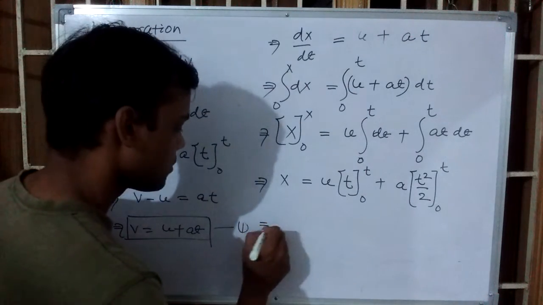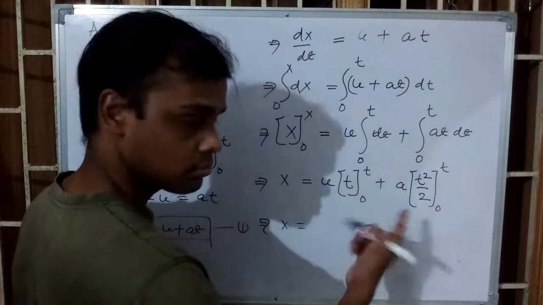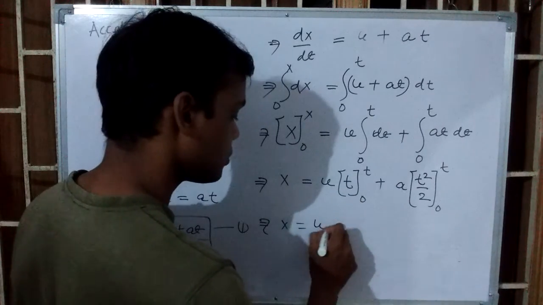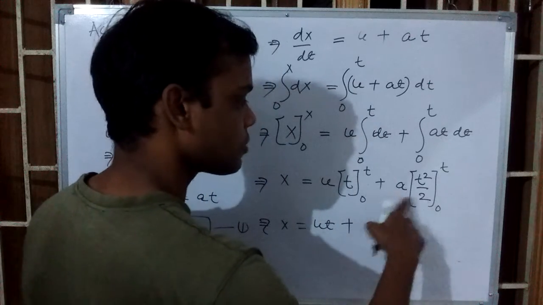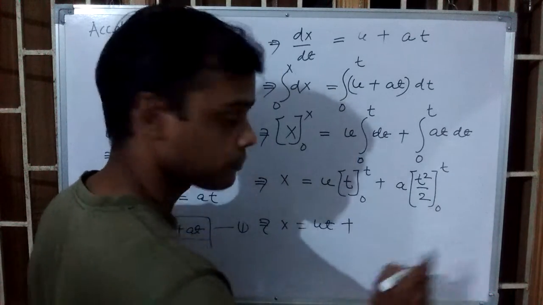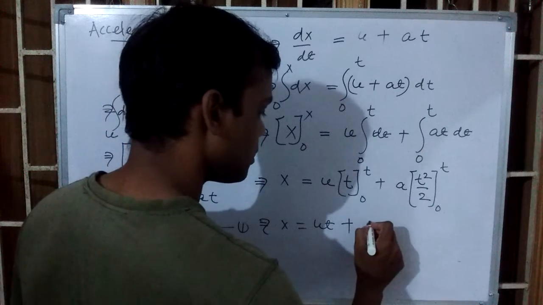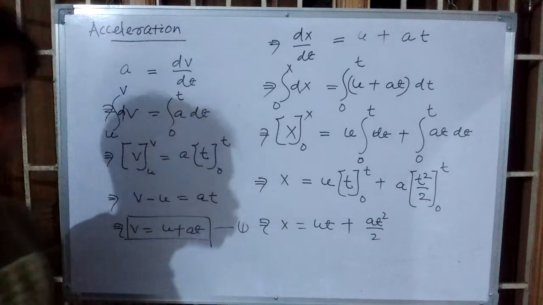This implies x is equal to ut, this is nothing but t minus 0, plus a is constant and inside the bracket it will be first t square by 2, then 0. So it will be a t square by 2.